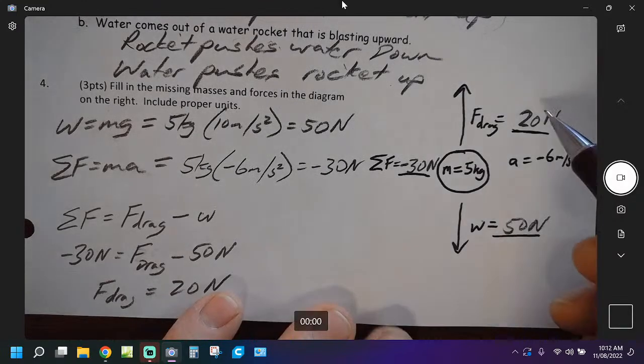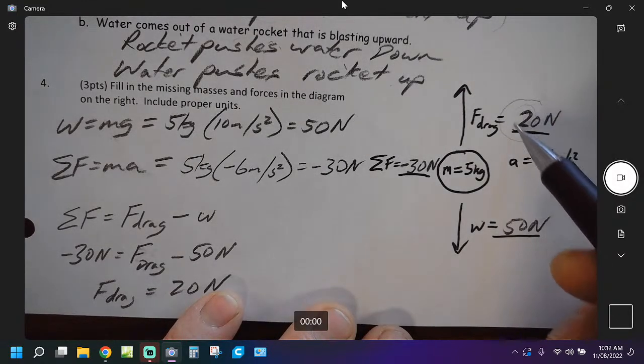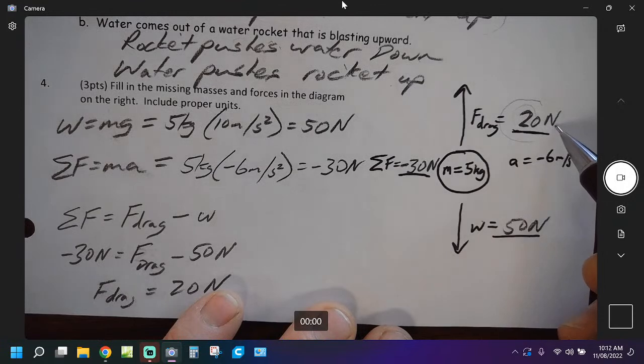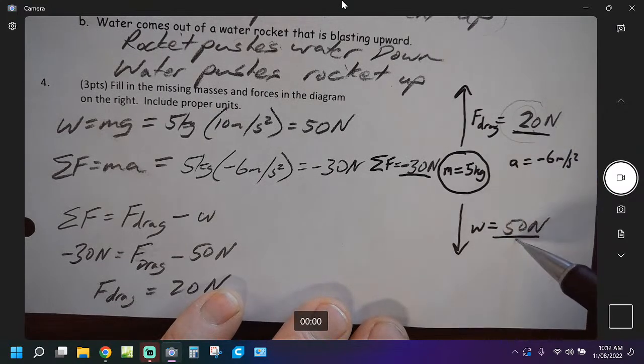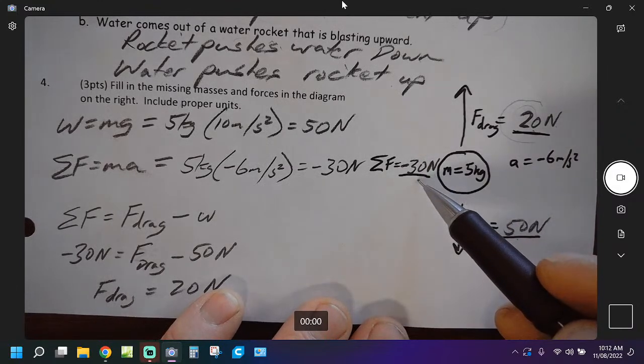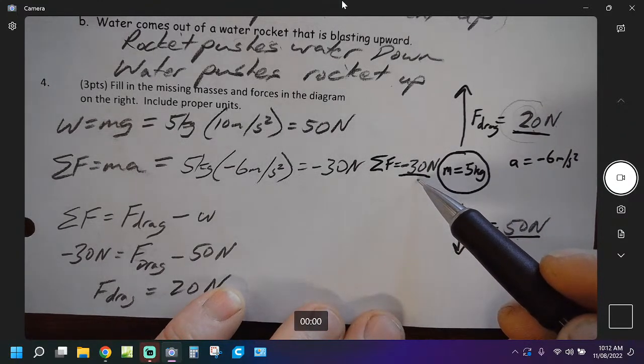I don't want to make this 3/4 of a point for the number and 1/4 for the unit. So try the right units, but if you just have a 20 here, you get credit. The force of drag is 20 newtons, the weight is 50 newtons, and the net force is either -30, or you could say 30 newtons downward.